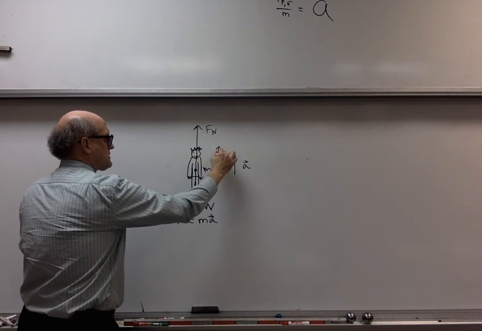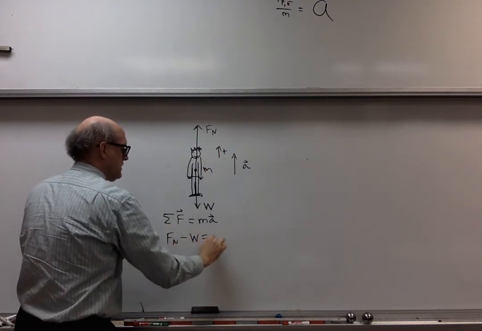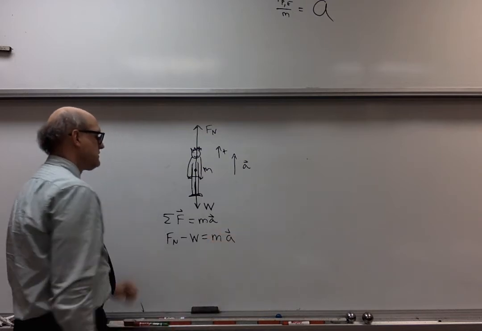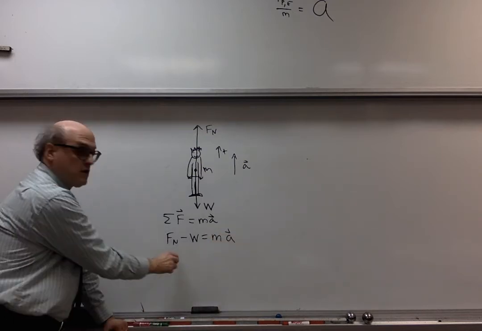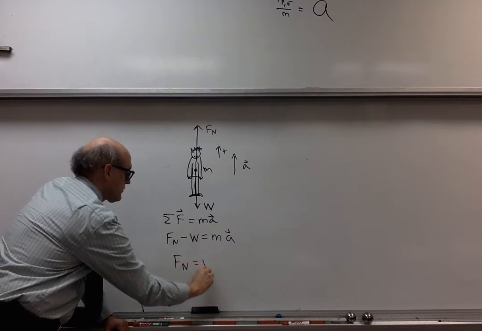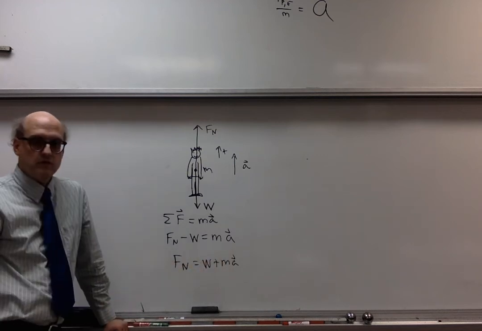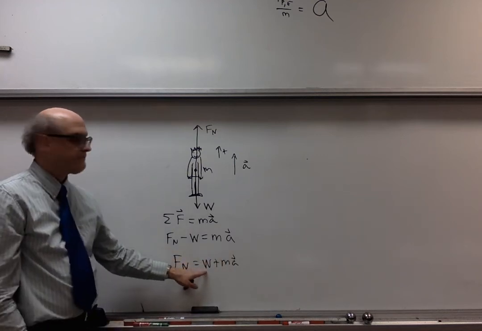We're going to call up positive. So we have the normal force minus the person's weight equals the mass of the person times the acceleration of the elevator. Solving for Fn, can you see that the person is going to feel heavier than what he normally feels? You can see that from this.